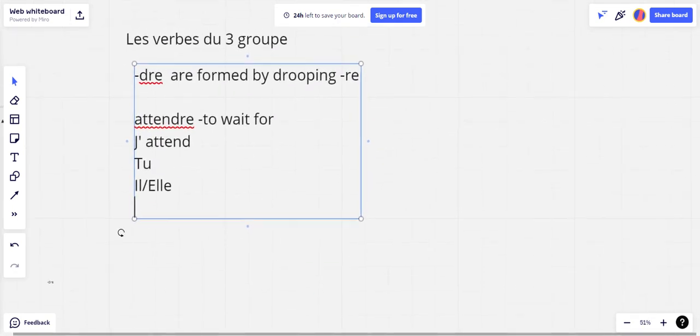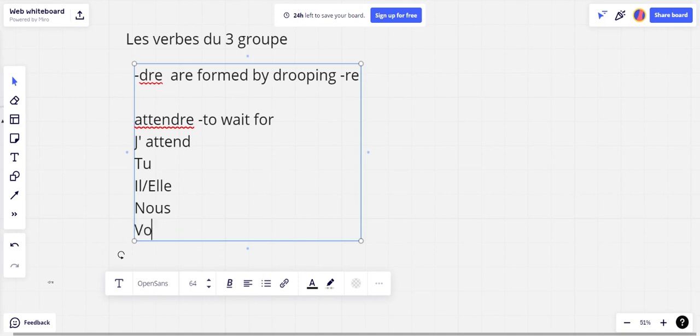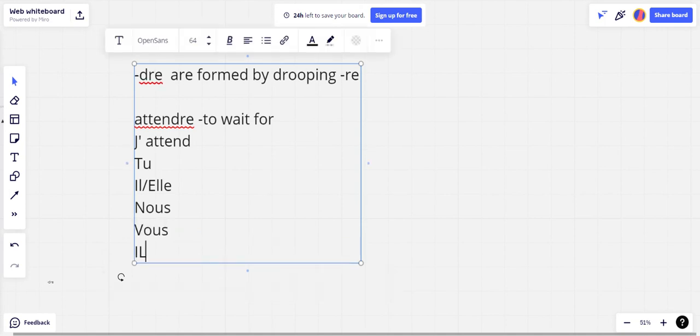Il, elle, nous, vous, ils and elles. Now we have the base, and we have to put the base everywhere. It will be the same with everyone.